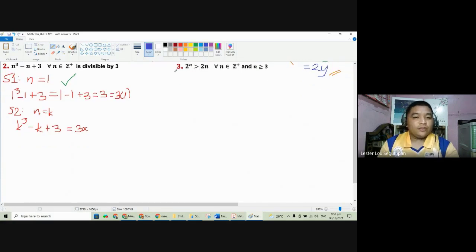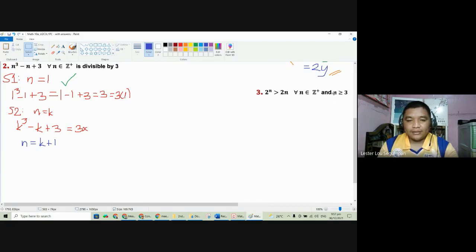To show that this is really true for all positive integers, we need to come up with an expression where n is k plus 1, the expression that we are going to manipulate later. By the way, let me move this a little bit farther so that I also have another space here.